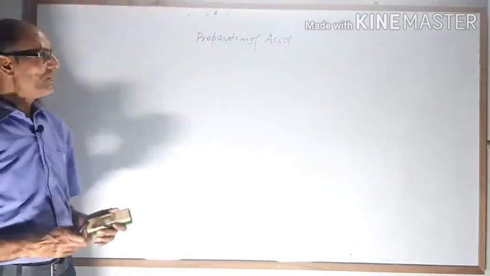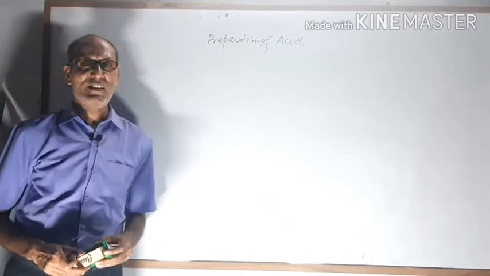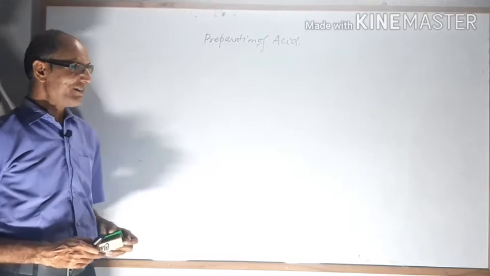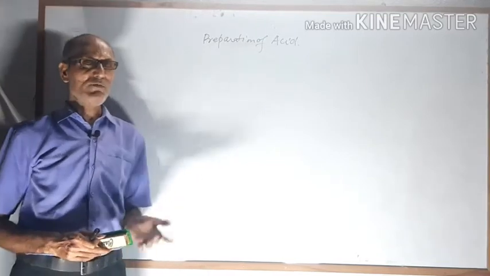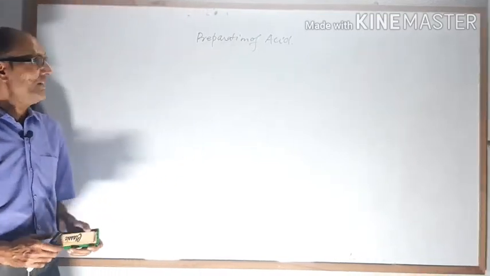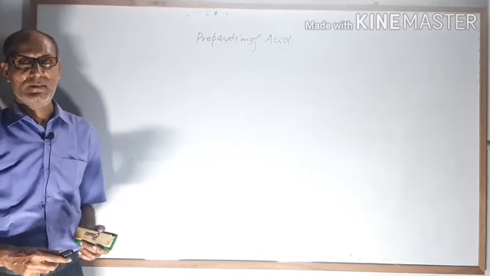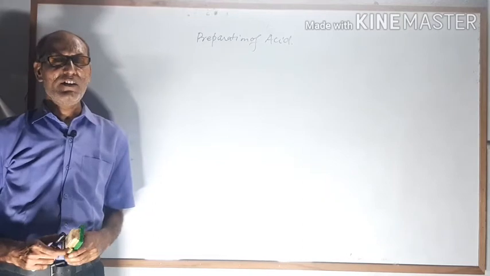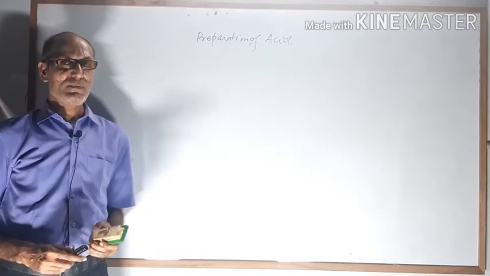As you know, every acid contains hydrogen in the form of H positive ions. That means when it dissolves in water, it produces hydronium ion. So it is compulsory that every acid must contain hydrogen.